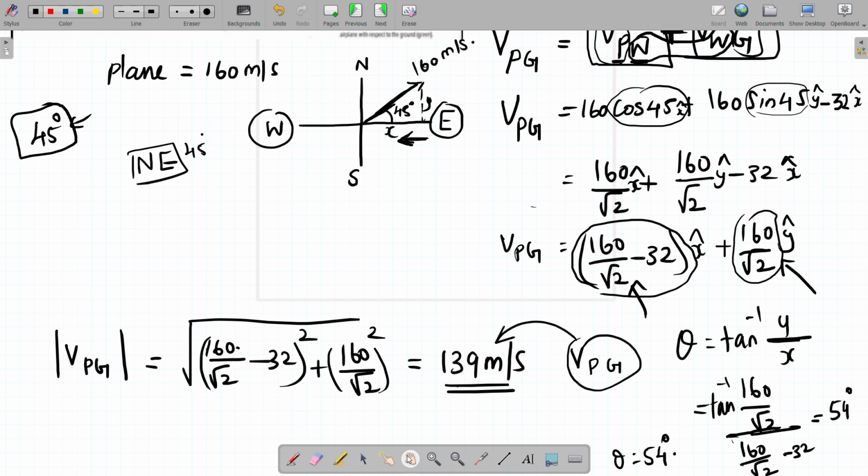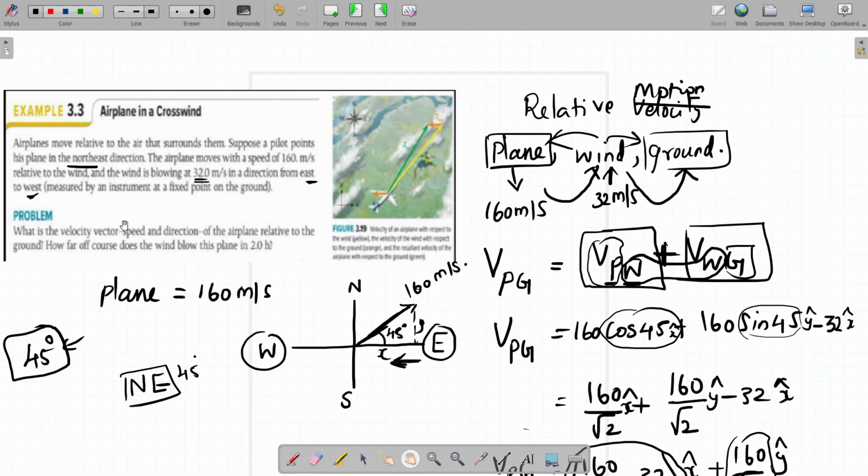And the last part, the question is asking: how far off course does the wind blow this plane in 2 hours? The wind is acting from east to west, and the plane is moving northeast.